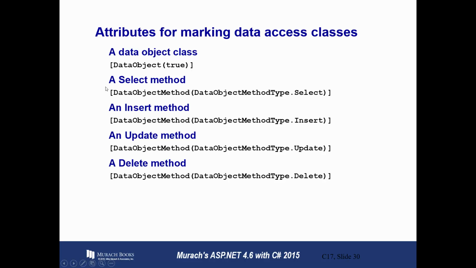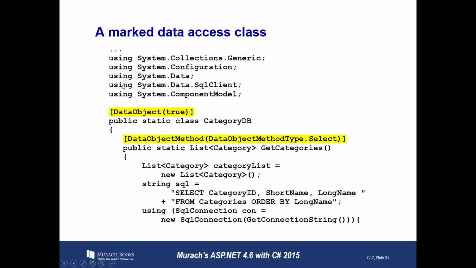The data object class is data object true. There's also, for the data object method, types select, insert, update, and delete. So you can use these to mark the classes and the methods. Visual Studio then uses these to determine which classes and methods to list in the drop-down list. So it's a way of making it easier for the system, for lack of better words.